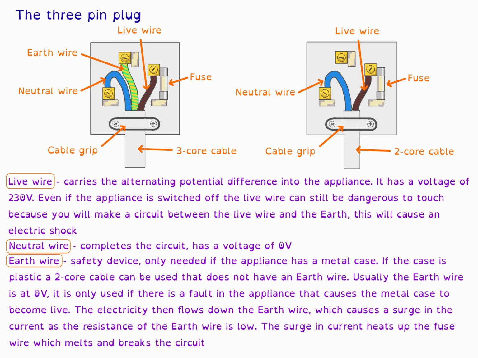If the electricity then flows down the earth wire, this causes a surge in the current as the resistance of the earth wire is really low. This surge in current causes the fuse wire in the fuse to heat up, which will then melt and break. The circuit will be broken, no more electricity will flow, and this will make that metal casing safe.